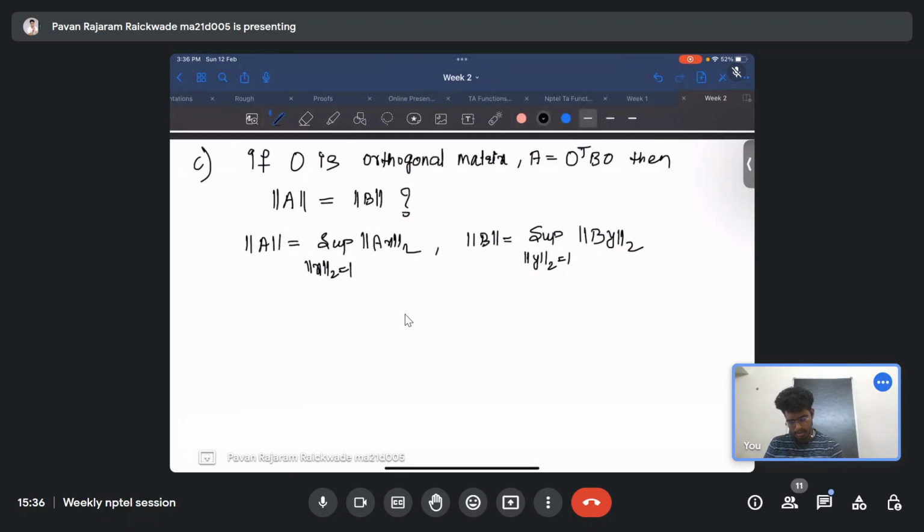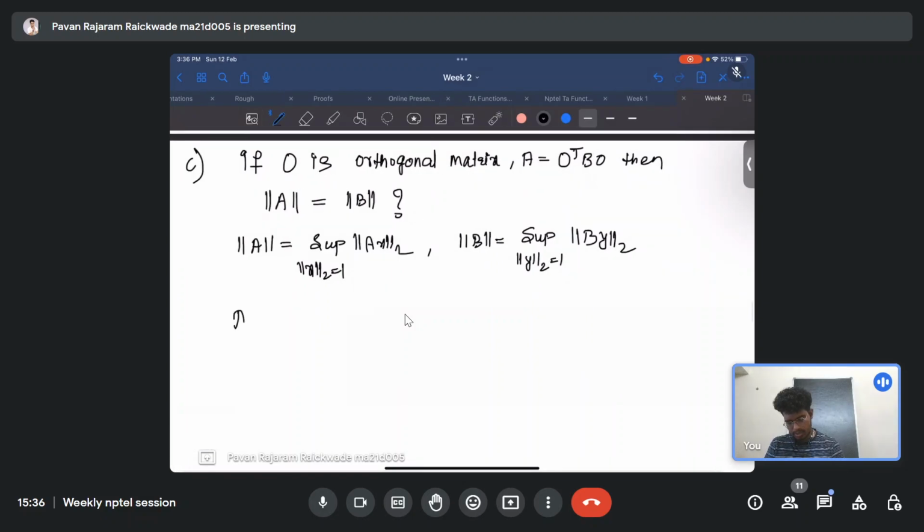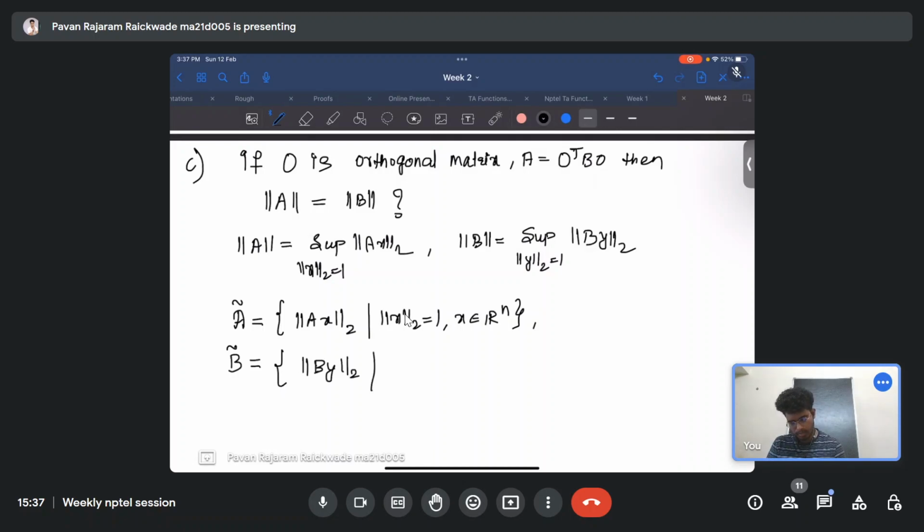So just think about this. Suppose I call this set A tilde, the set of all norm Ax, where norm x2 is 1, and I call B tilde the set of all norm By, where y belongs to Rn.